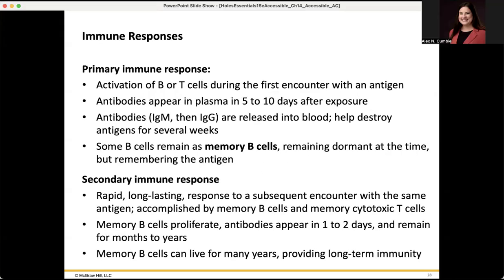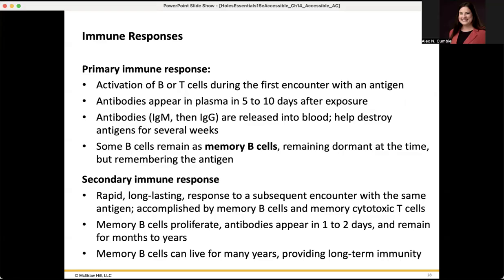For our immune responses, and this is going to be an adaptive immune response, this is looking at which immunoglobulins, antibodies, show up first in the body. In a primary immune response, typically you have IgM show up first, then IgG.